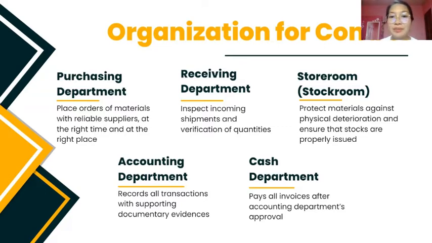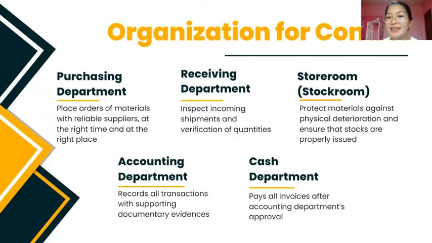So the receiving department inspects the incoming shipments and verification of quantity. So dapat kung unsa tong gi-purchase sa purchasing department, mao dapat to ang ma-receive sa receiving department. So that is to avoid anomalies. So mag-prevent na siya nga separate sila na department.